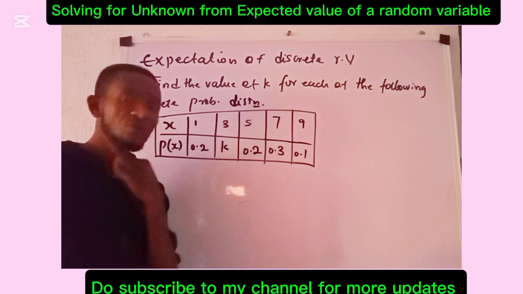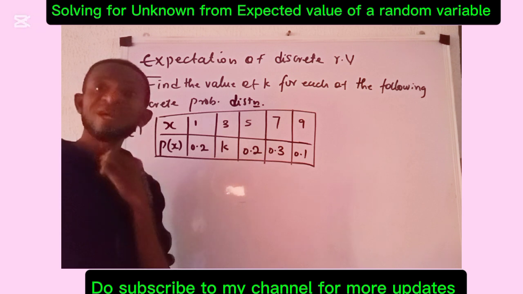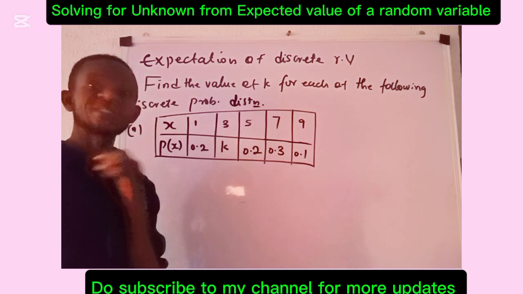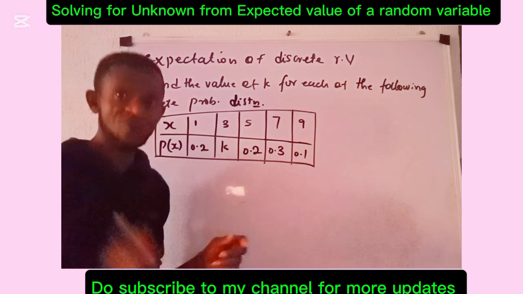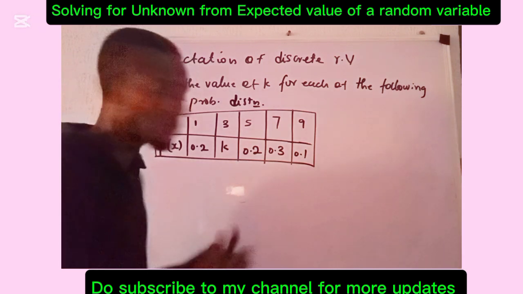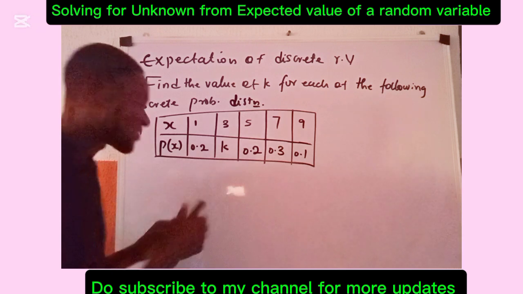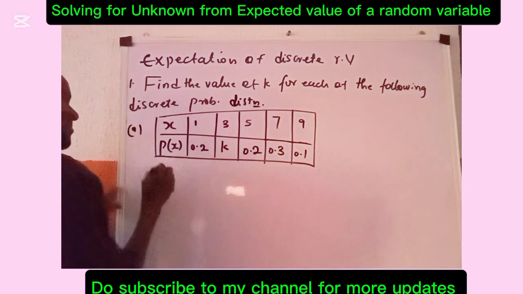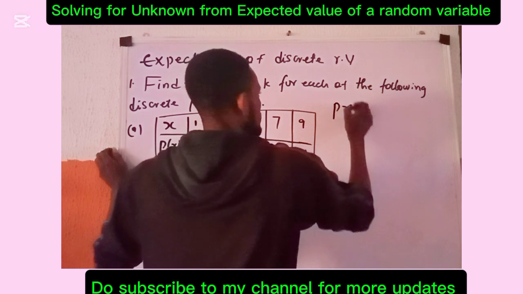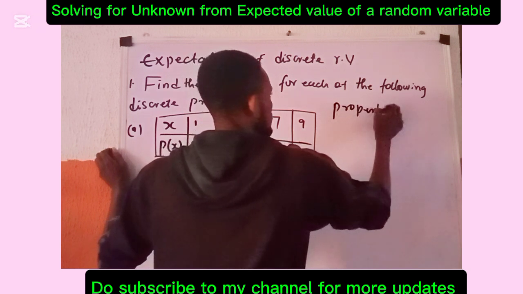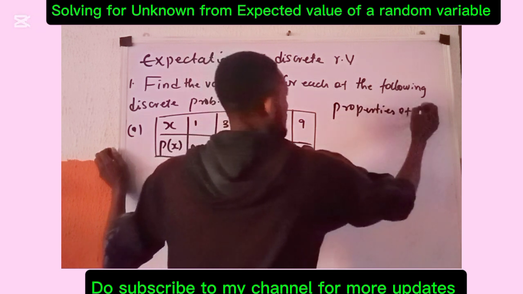And of course, we know that the probability mass function, PMF, has properties, which I want to recall for us. Let me write it here. Properties of PMF.